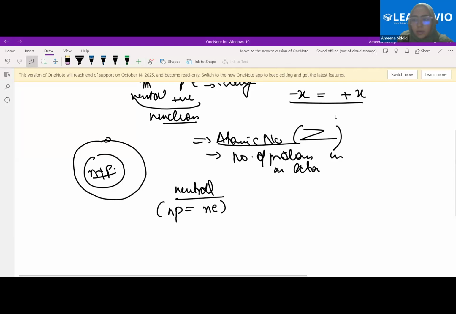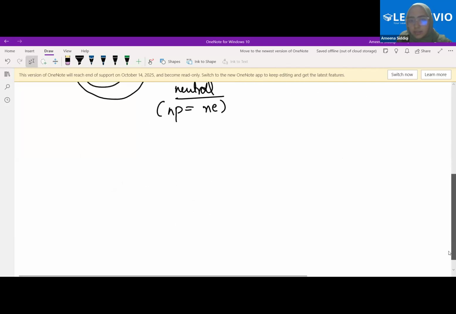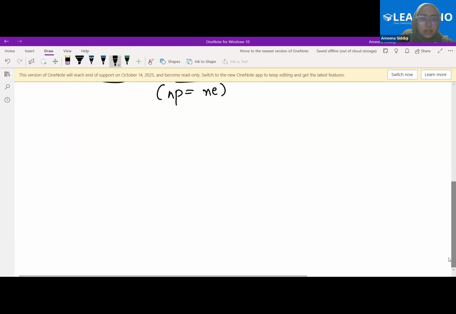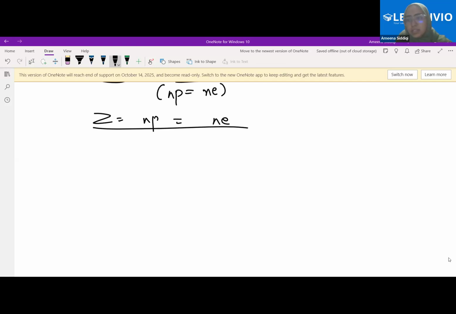Z. If I've written Z for any atom, I'm saying that the atomic number for that atom is given. Therefore, Z equals the number of protons in an atom, which is further equal to the number of electrons in an atom. Why? Because the atom is neutral.